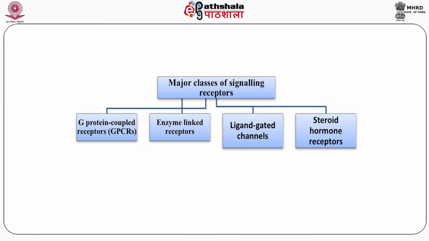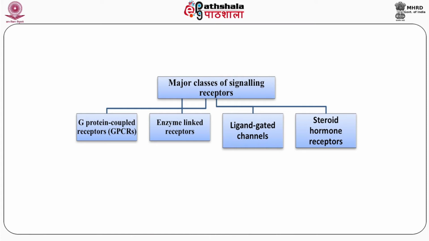Second messengers act as a chemical relay from the plasma membrane into the cytoplasm for intracellular signal transduction. For example, molecules like cyclic AMP, cyclic GMP, inositol triphosphate, diacylglycerol, and calcium are examples of second messengers.